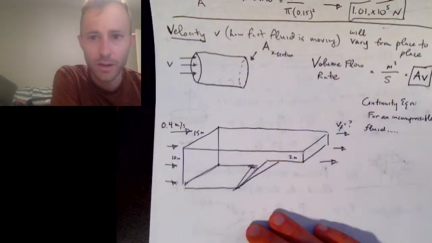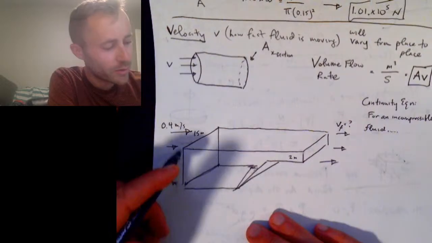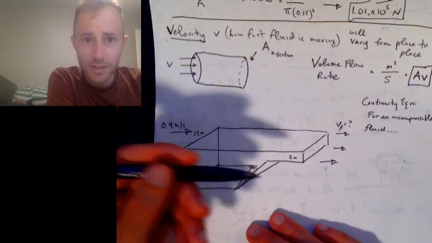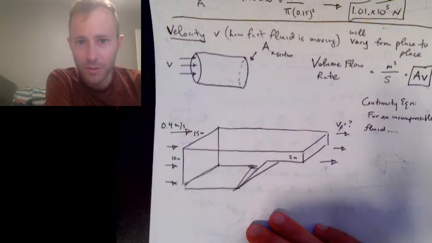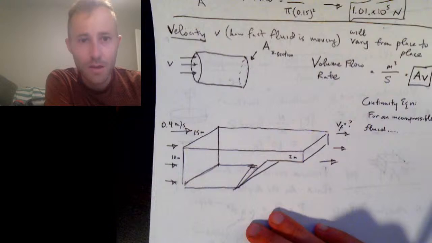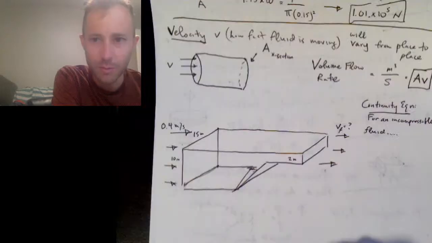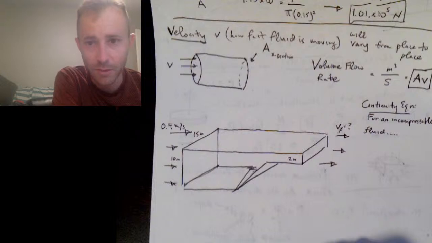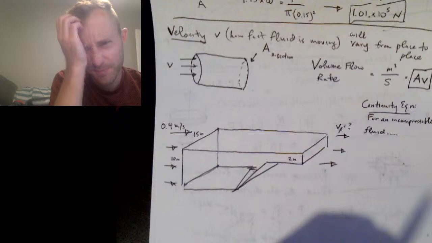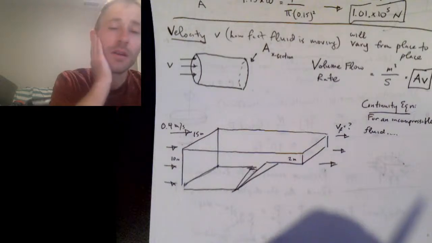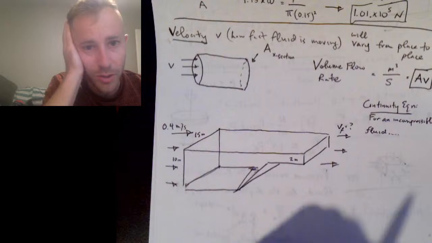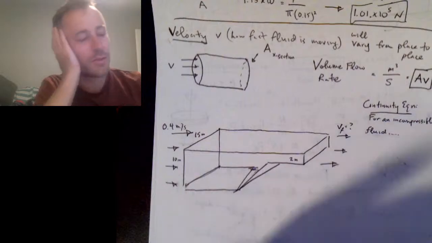The number of cubic meters per second going through the deep part of the river has to be equal to the number of cubic meters per second going through the shallow part. Why does this have to be true? Because if it wasn't true, that would mean water was disappearing somewhere, and water can't just disappear. There is a version of this equation for compressible fluids, but that's beyond the scope of this course.